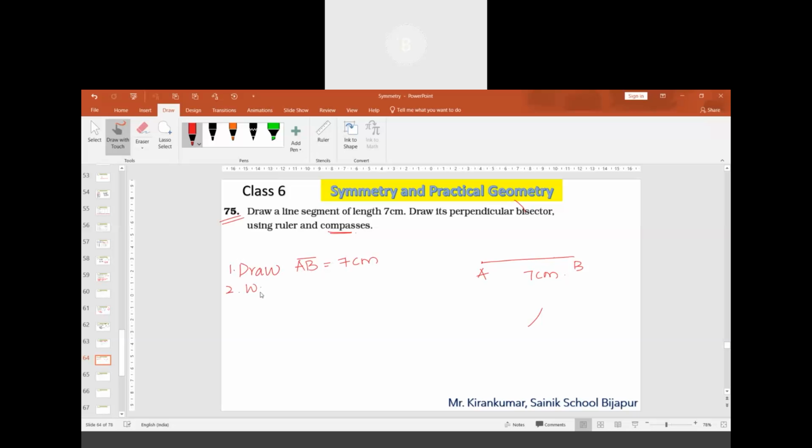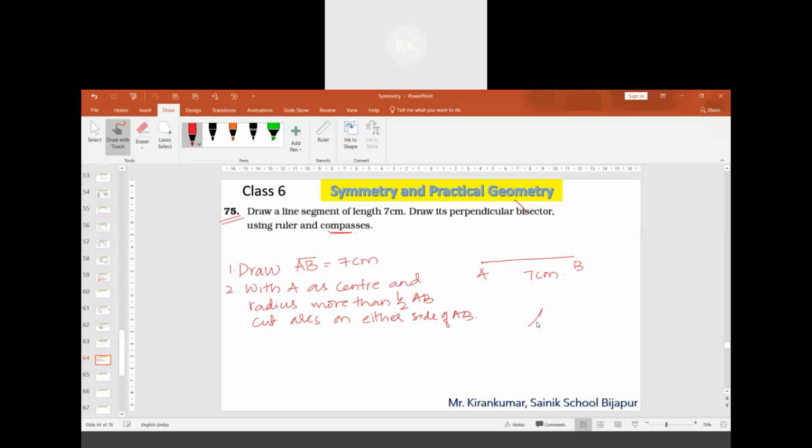The second step is with A as center and radius more than half the length of AB, cut arcs on either side of AB.